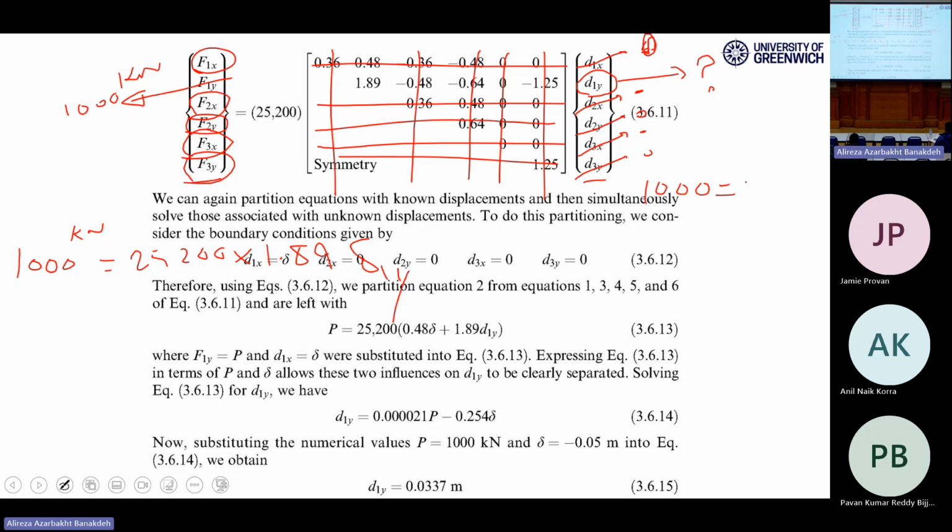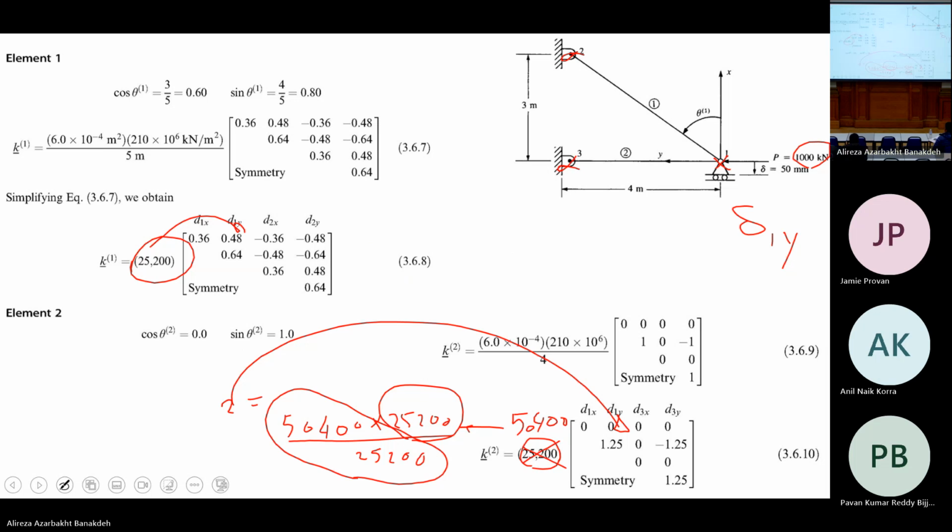Any question here? But we have a guest here, the support settlement equal to 50 millimeter down against the x-axis, right? We want to see how it works.